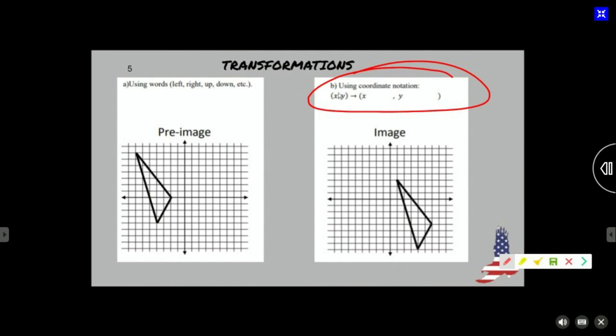And all I've got to do is pick A, B, C. A prime. How did A change to A prime? It moved in what direction? Right. Okay. And then it moved down.